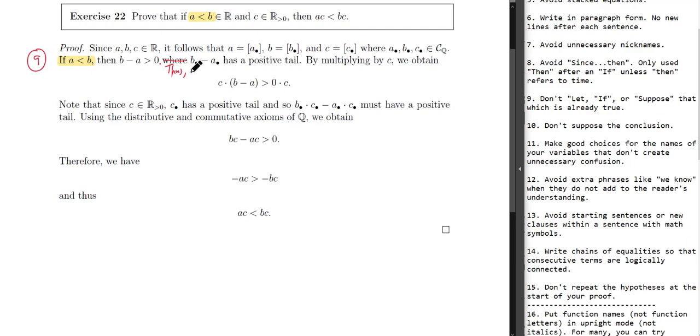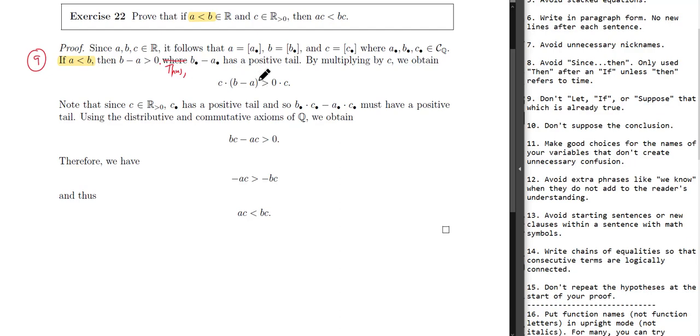By multiplying by C, we obtain C times B minus A is greater than 0 times C. Okay, so this is problematic because we haven't proved that if I multiply by C, the inequality is going to be preserved.